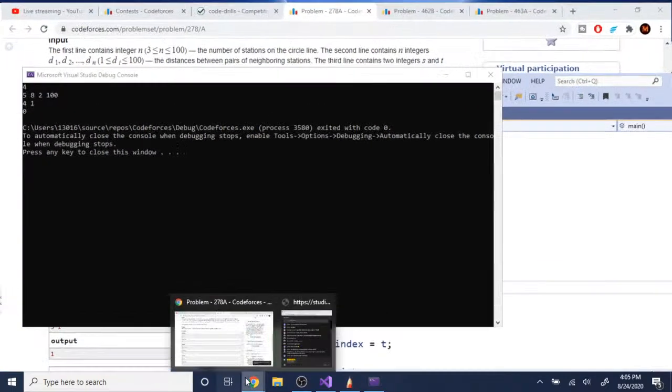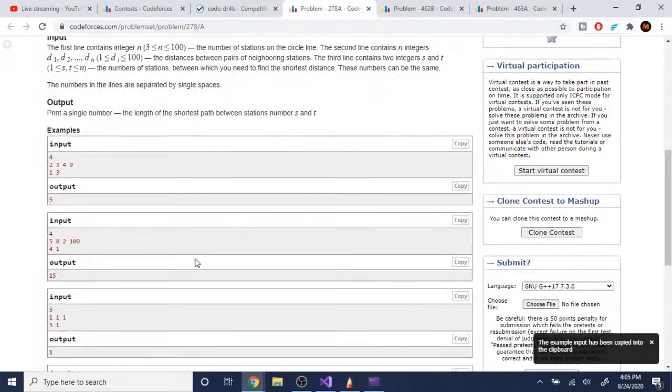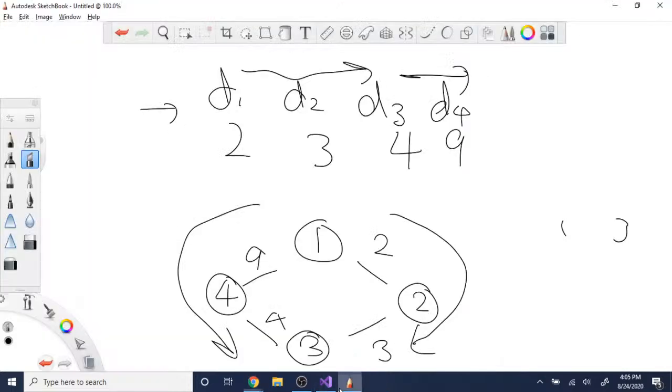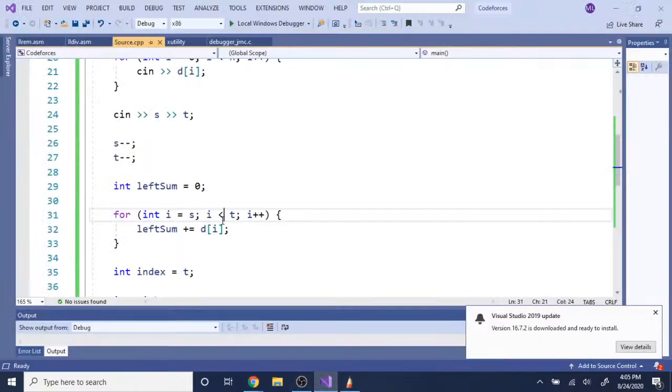0. Why did I get 0? That's wrong. Okay. So I got 0 because left sum 3, 4 is less than 1. Okay, so what we need to do, we need to swap the smaller value so we could start at the lower value first, lower index, right?